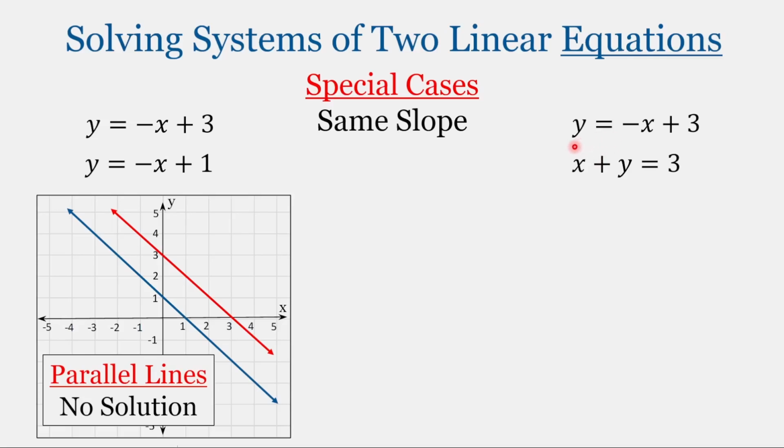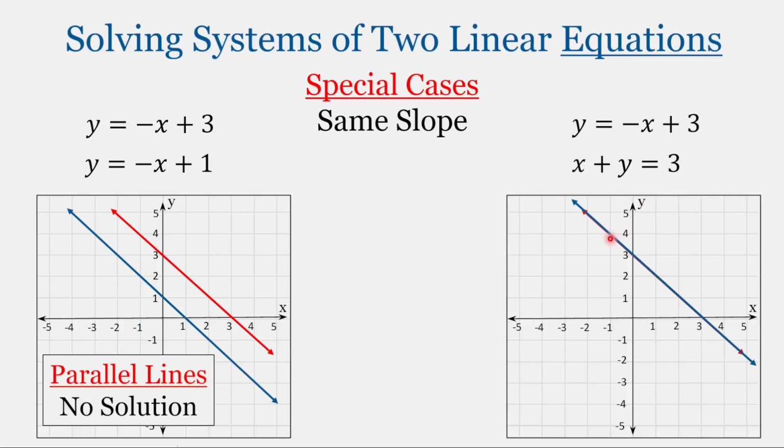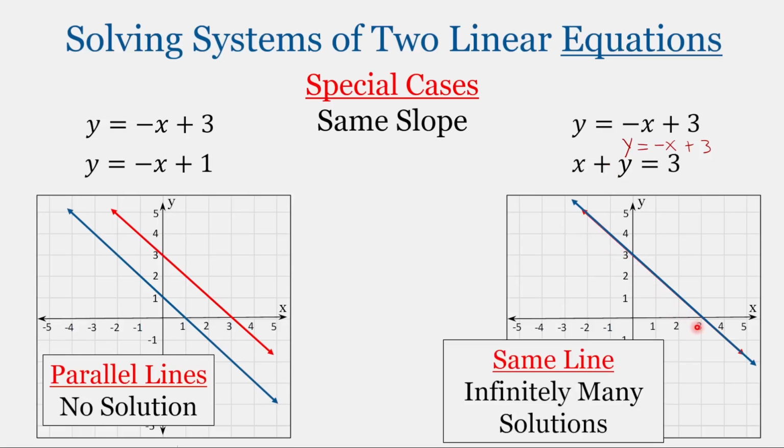The second situation is when you have two equations, and although these two equations look different, they actually represent the same line. This second equation that's written in standard form, if we write this in slope-intercept, we end up with -x plus 3. That's the same equation. So we have the same slope and the same y-intercept. So these two equations represent the same line.